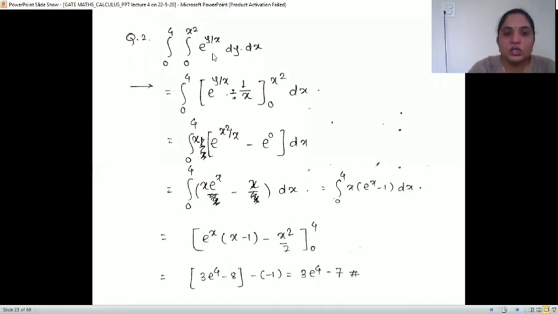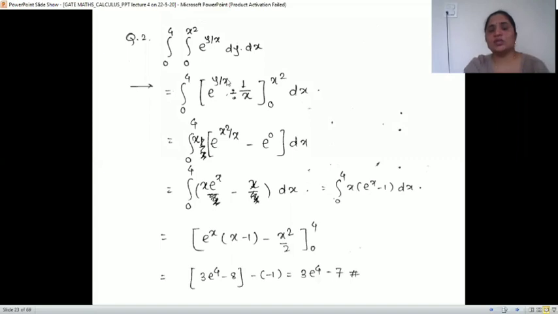So integration with respect to y of e raised to y by x upon 1 by x. The 1 by x goes to the numerator, so it is x into e raised to y by x.